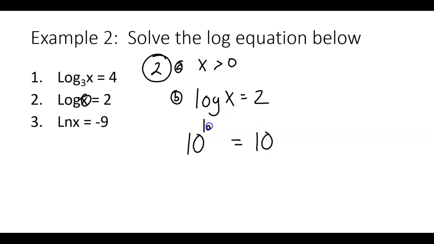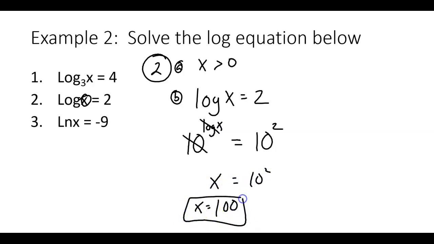So it's going to be 10 to the log x power, and 10 to the second power. On the left, these cancel each other out, and on the right we have 10 squared, which is 100. Is that number greater than 0? Yes, it is, so that's my solution. So, 3 steps. Domain, exponentiate, check your answer.